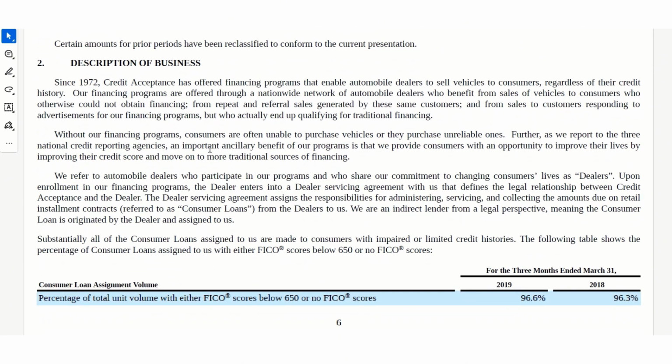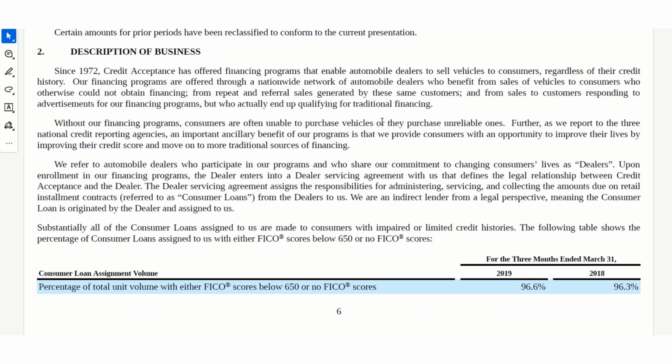Without our financial programs, consumers are often unable to purchase vehicles or they purchase unreliable ones. Further, as we report to the three national credit reporting agencies, an important ancillary benefit of our programs is that we provide consumers with an opportunity to improve their lives by improving their credit score and move on to more traditional sources of financing.